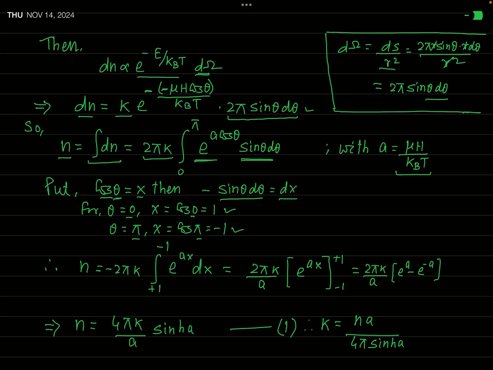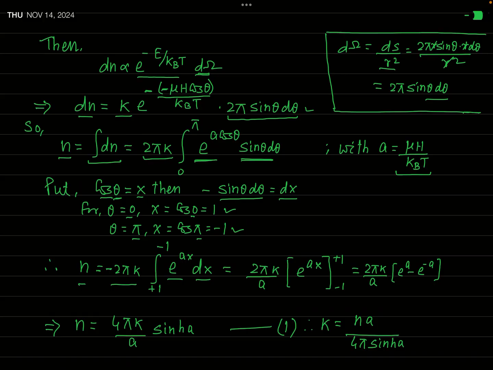So when you change the variable theta to x, you have also changed the limits for x. Okay, so you can write n is equal to what? This will be equal to minus 2 pi k times the integral of e to the power ax, because cos theta is x, times dx. Because dx, you can see, is minus sine theta d theta, so here is the minus sign.